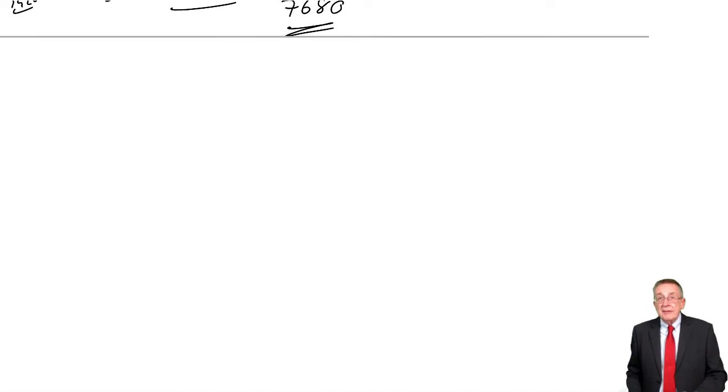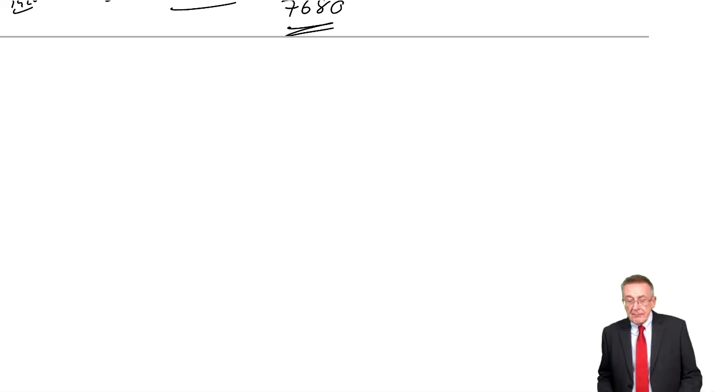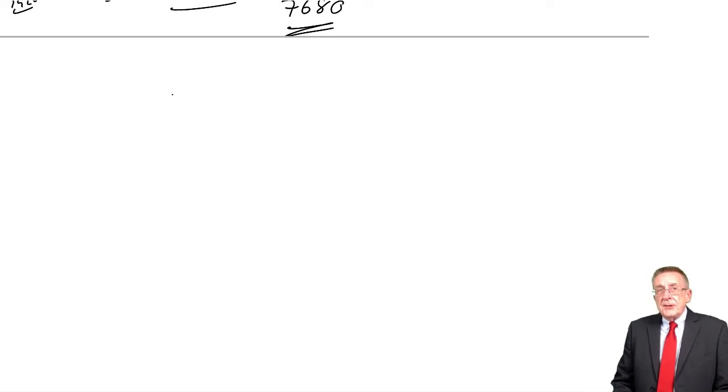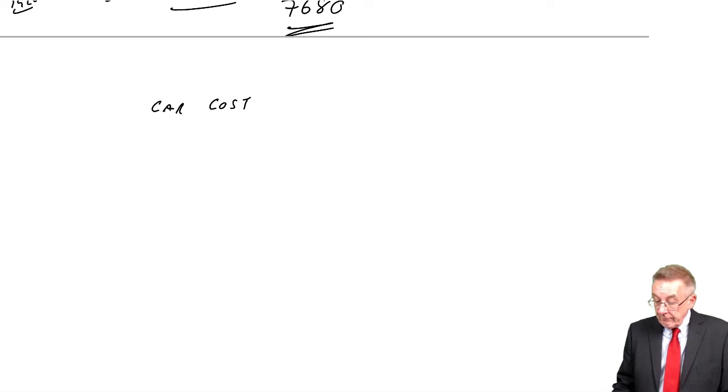One last thing to be careful of, when you're hurrying in an exam, you might miss it, is, suppose I told you this. Suppose a car cost, what shall I say, 20,000.